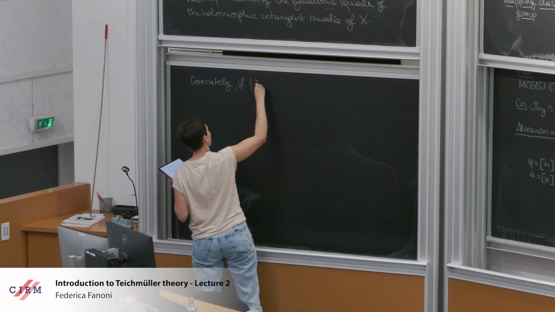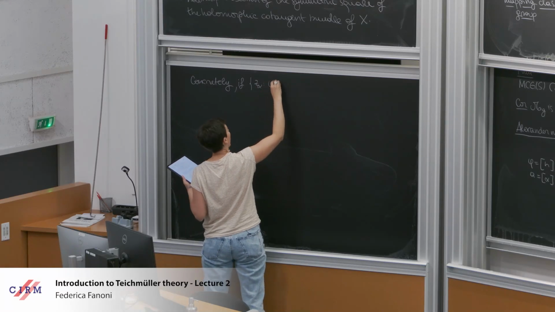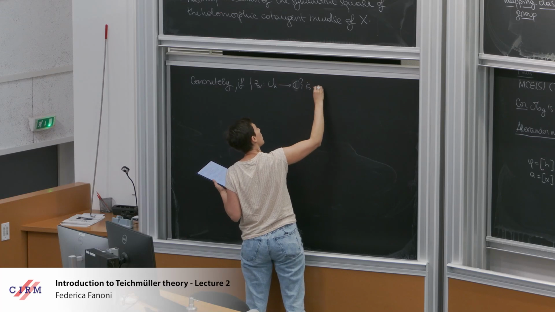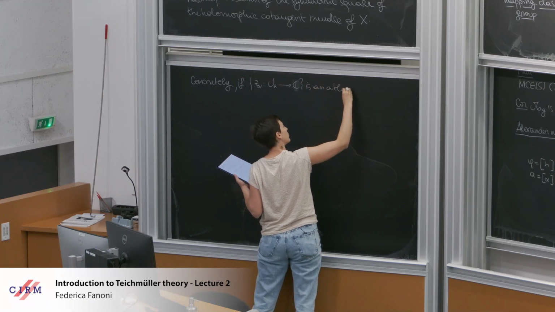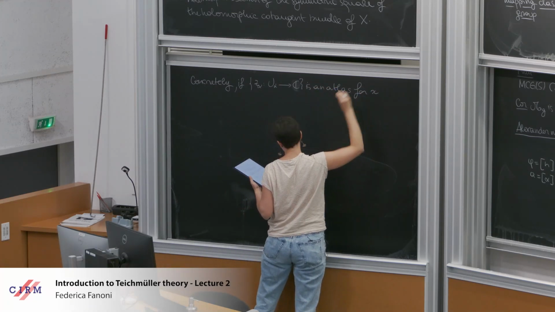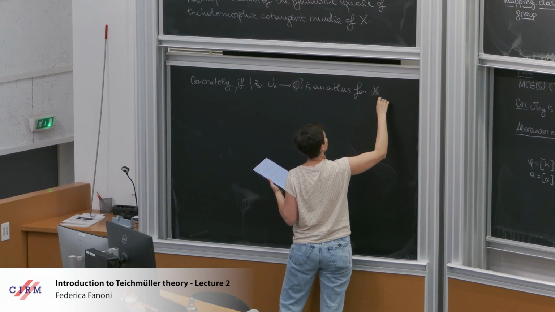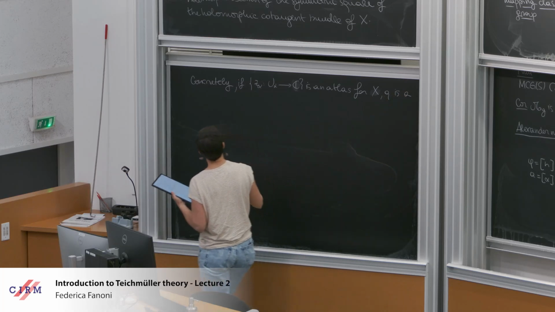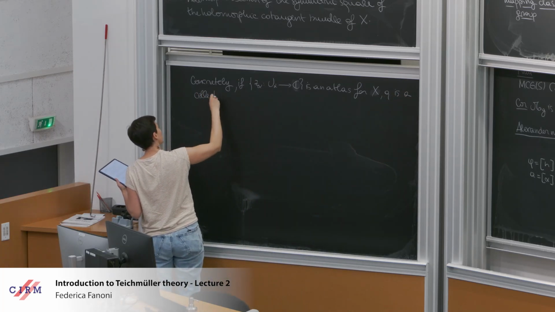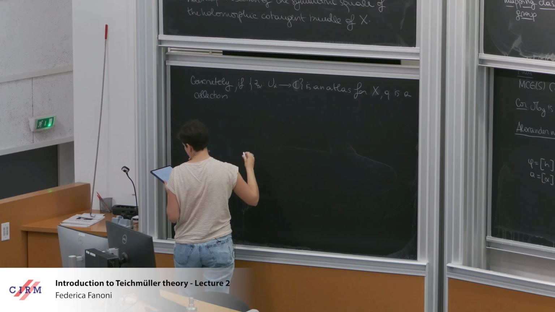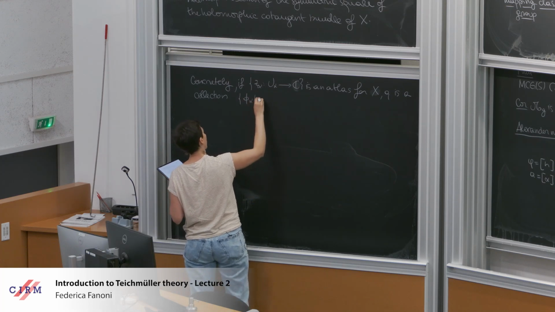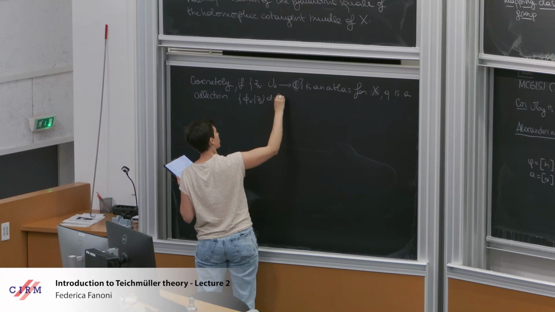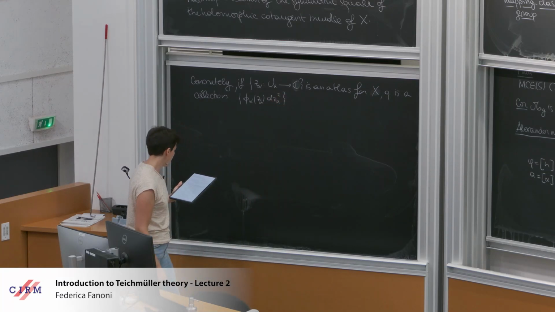So I take an atlas for the surface, then Q is a collection phi alpha of Z alpha dZ alpha squared, which satisfies two properties.